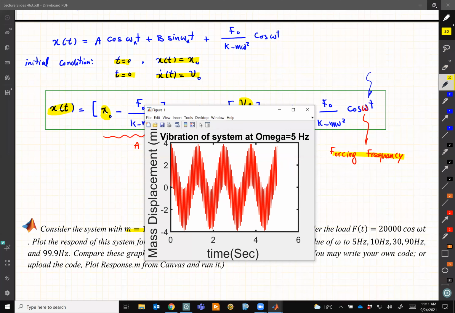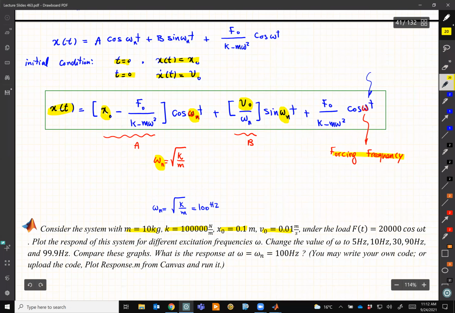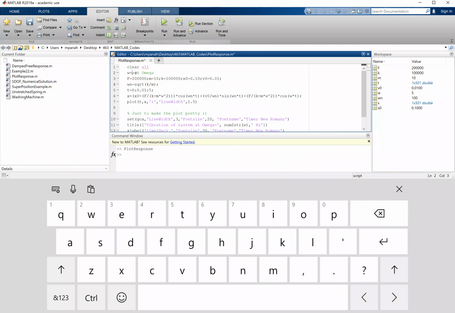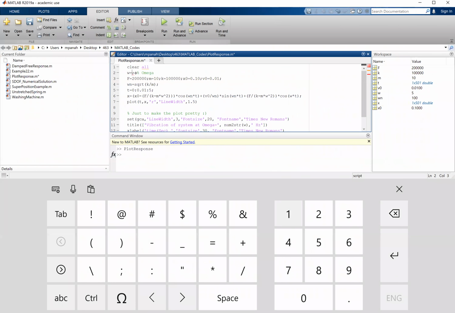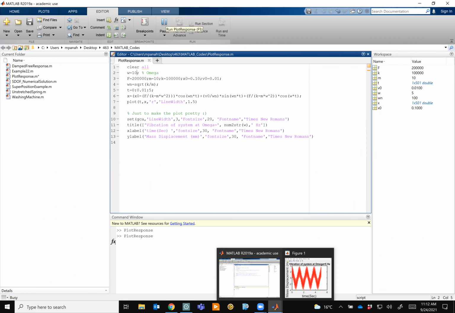Let's change this omega according to what we suggested here. We suggested to start with omega 5 hertz, then try 10 hertz. Let's try 10 hertz. So if I put 10 there, and you have this code, you can try it on your own later. Again, nothing special about it.